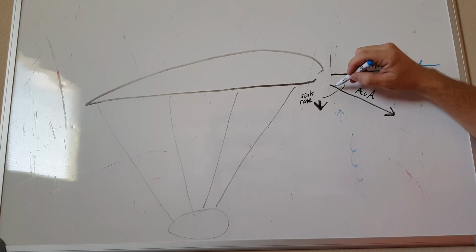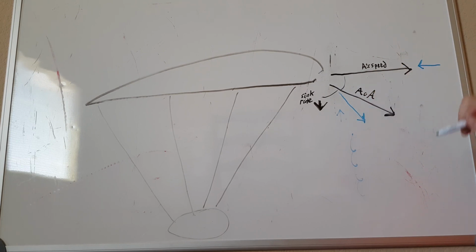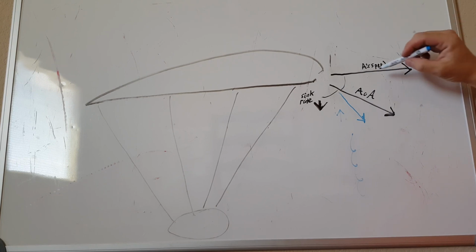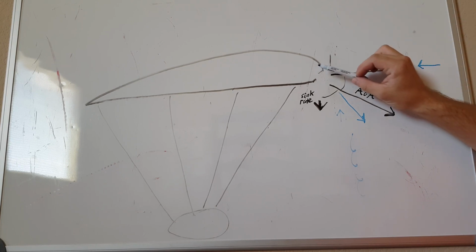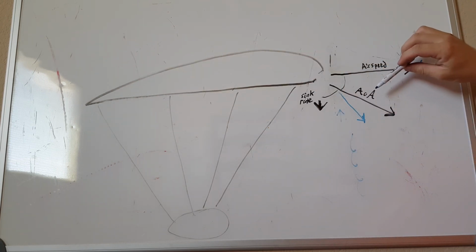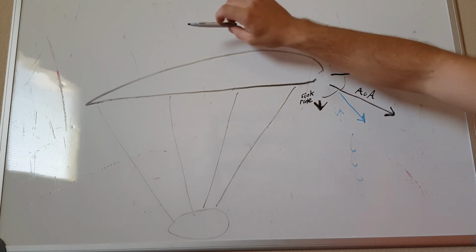Now your new angle of attack when you're flying through the thermal is something like this, coming from this direction. So if you imagine the wind before was hitting the airfoil at this angle here and then flowing over, now our angle of attack is steeper here.